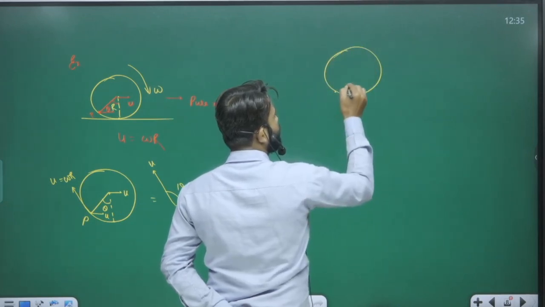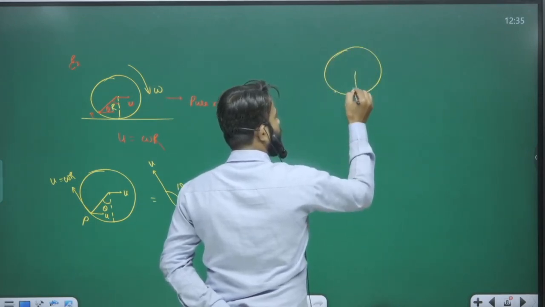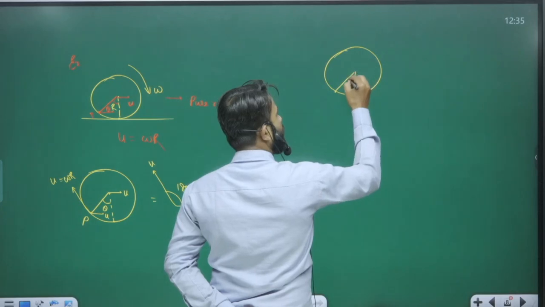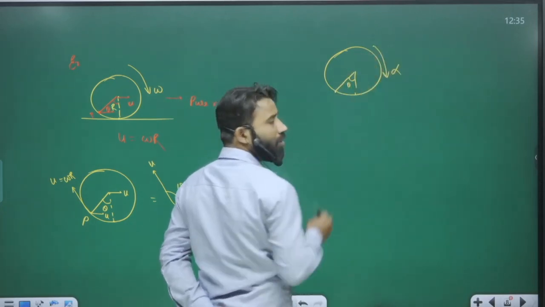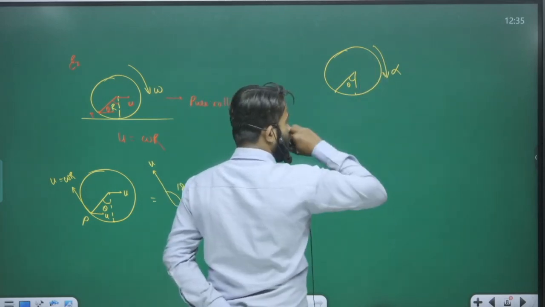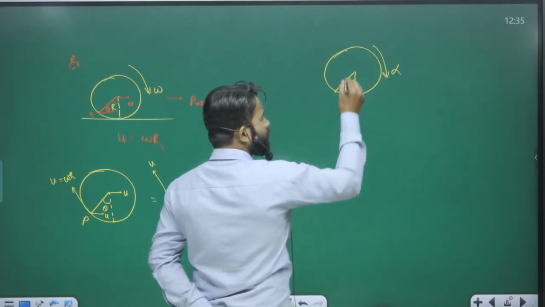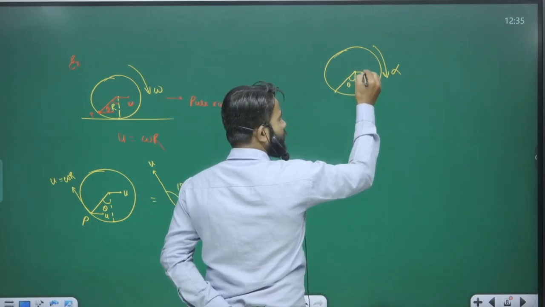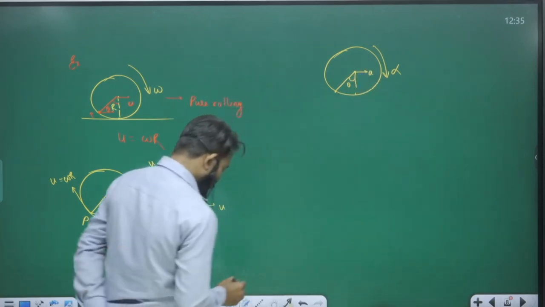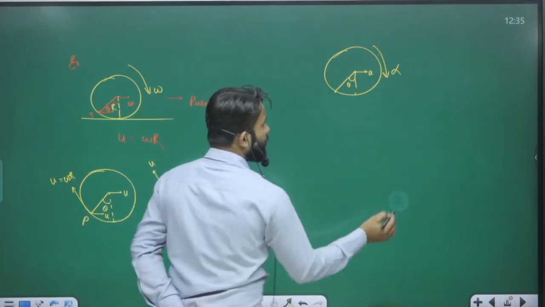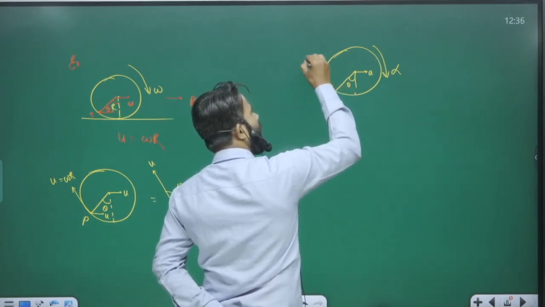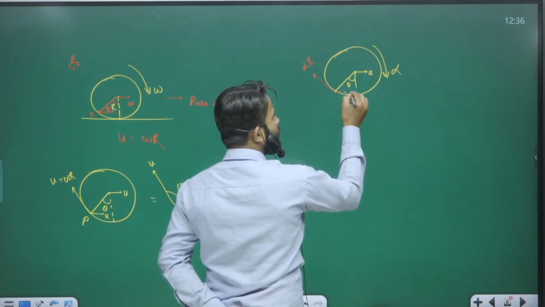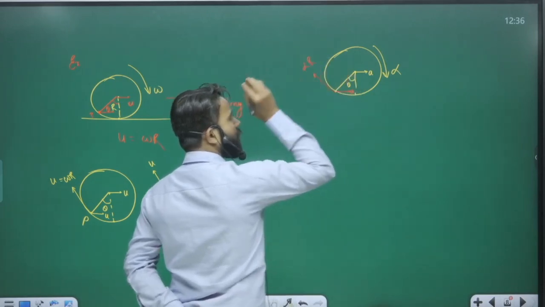Along with this we can solve for acceleration also. Suppose this point is P, making angle theta, and the body has angular acceleration alpha. The center of mass has acceleration a in this direction. In that case, point P will have an acceleration alpha r in the tangential direction, and in this direction it will have an acceleration a.